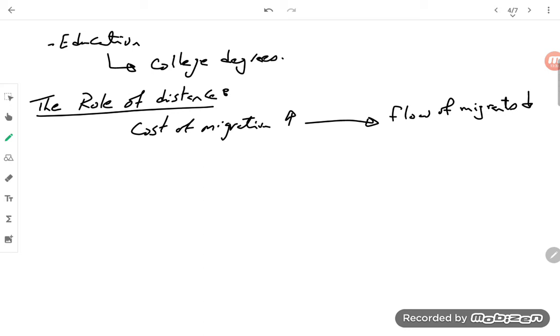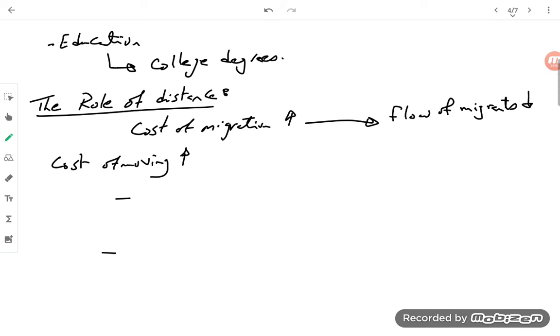Cost of moving increases for two main reasons. Number one, the cost of acquiring trustworthy information about job opportunities is going to be high.